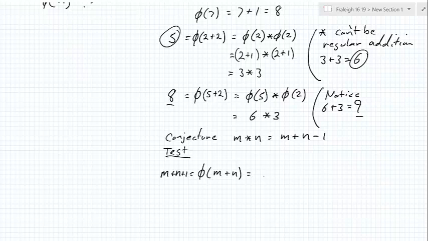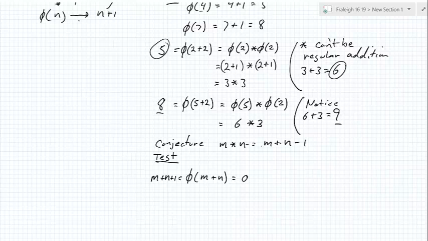Now if phi happens to be an isomorphism and we've chosen star correctly, then phi of m plus n should be phi of m star phi of n.